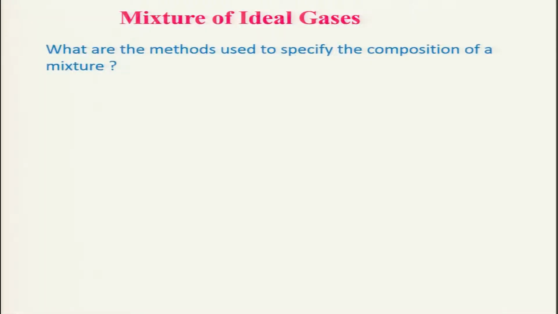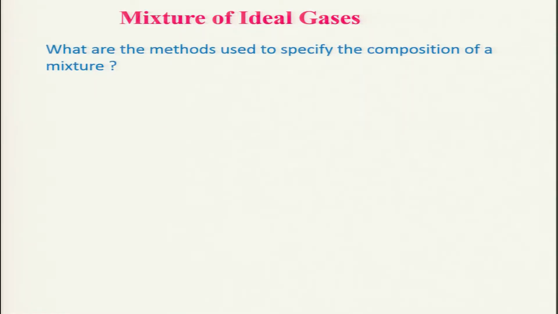If it is very high, we cannot really apply this. We will be using mostly the ideal gas law for analyzing this problem because of its simplicity, and also it is very elegant.